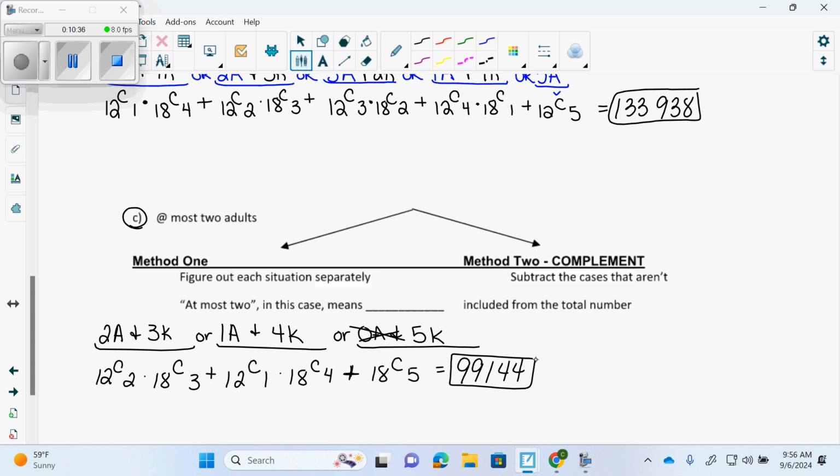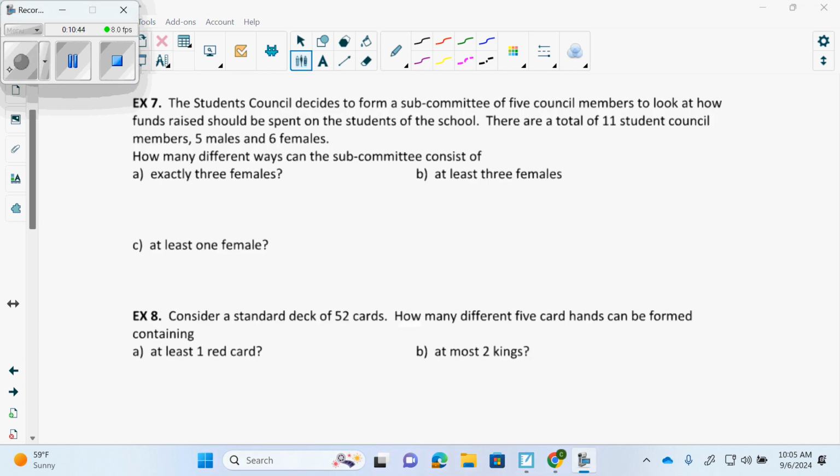I want you to try the next page. Go. The student council decides to form a subcommittee of 5 council members. So once again, I need 5 people in each case, right? So if I have 3 or 2, I need to supplement. We agree? So I always say 5, in this case, people needed.